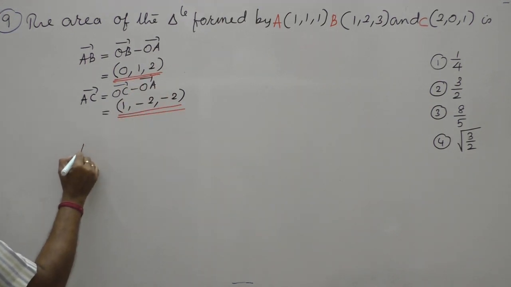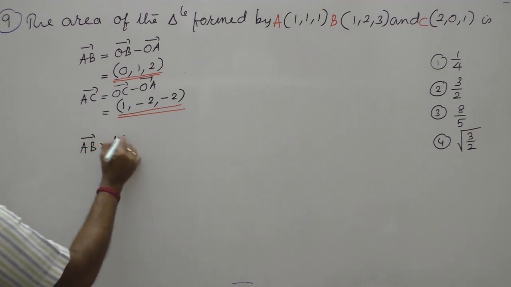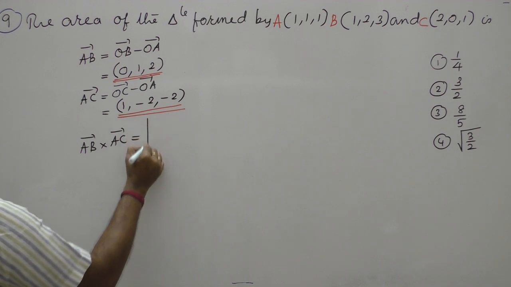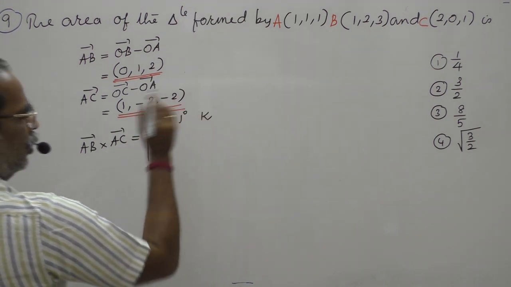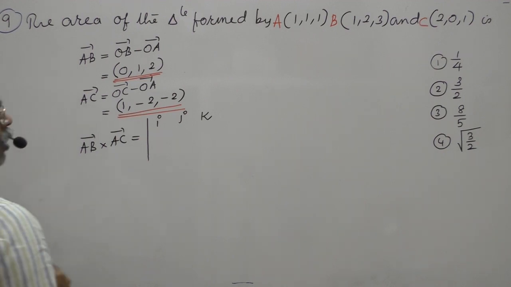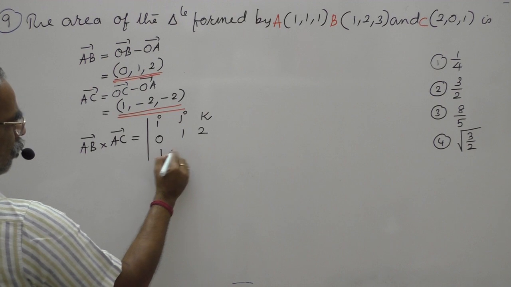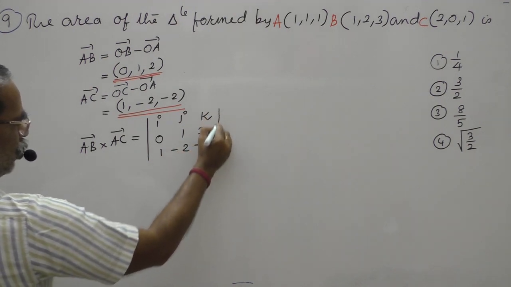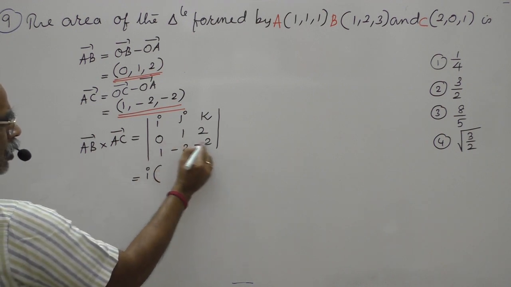So now let us find their cross product, AB cross AC. Cross product of two vectors is a determinant containing i, j, k in the first row. What are the vectors? 0, 1, 2 and 1, minus 2, minus 2. We shall expand this. i into, what is this?